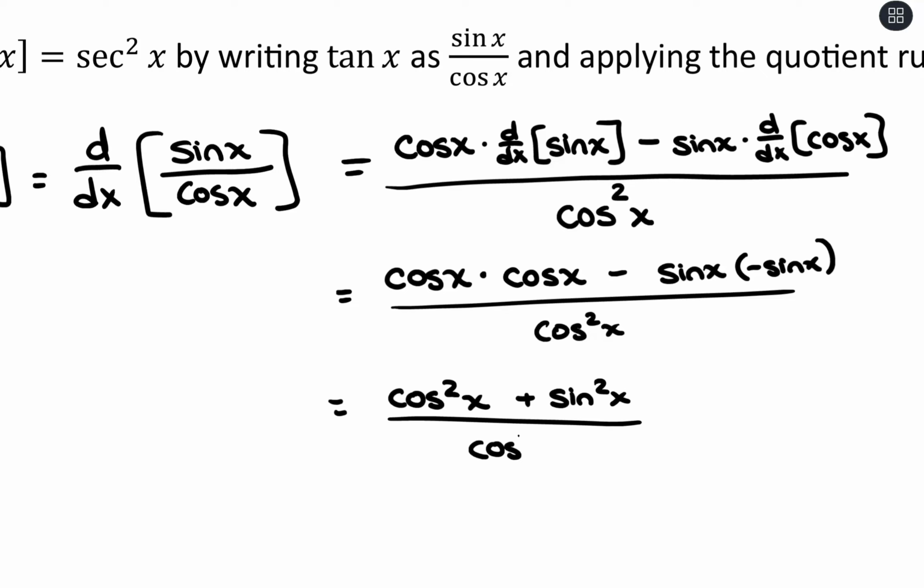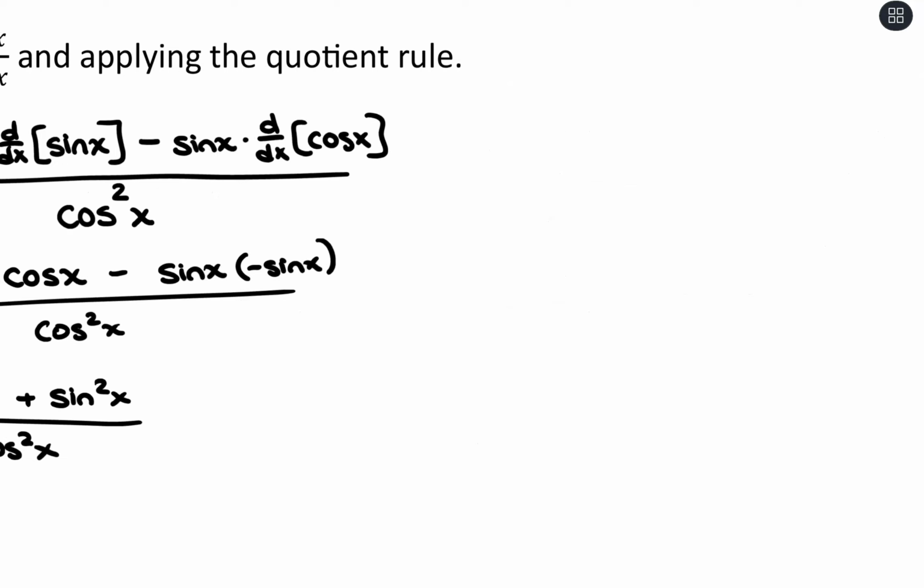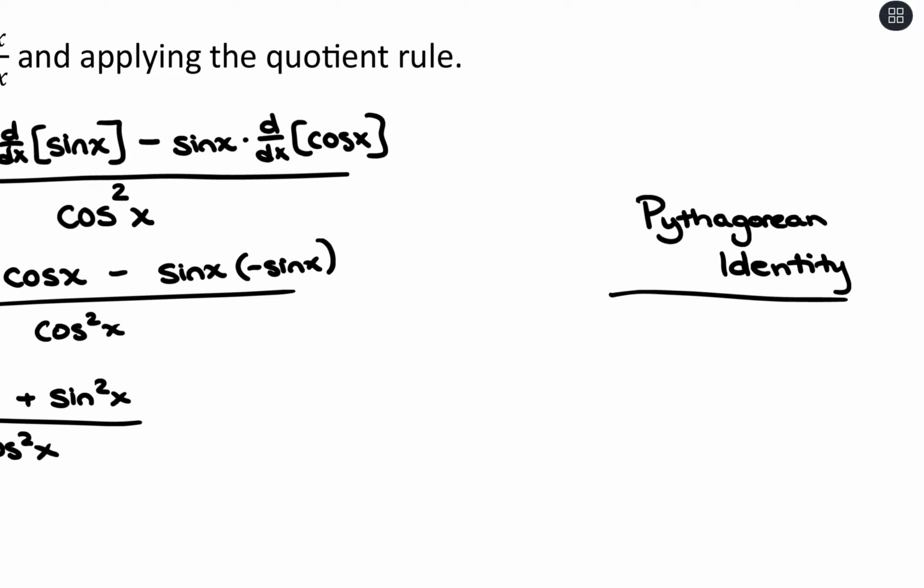And something we're going to bring through here that might come up every now and then is the Pythagorean identity. We want to remember this one, so I'm going to write it off to the side. This will be a good one to have in your notes from Pre-Calculus 2, which is that sine squared plus cosine squared is equal to 1. That just comes from our Pythagorean theorem and working with the unit circle.